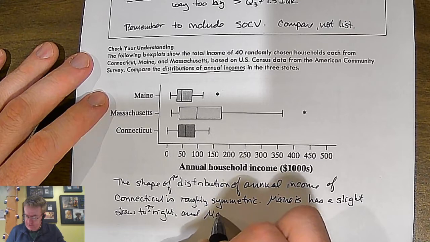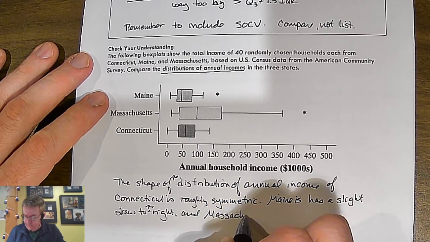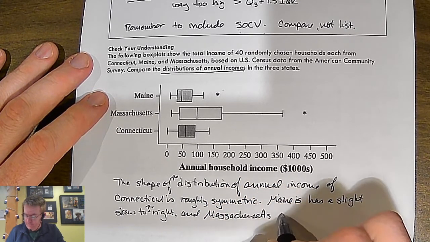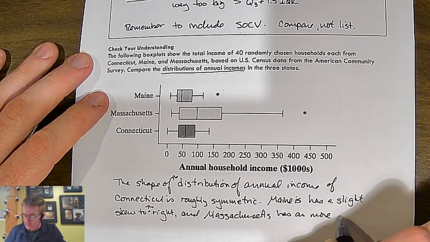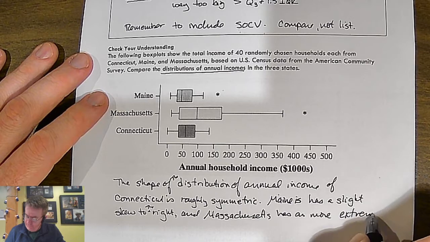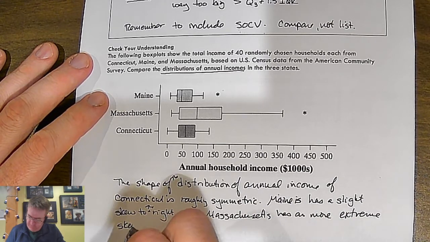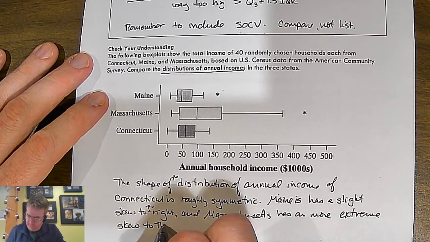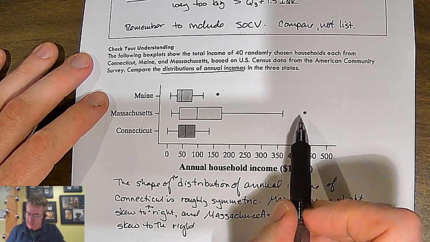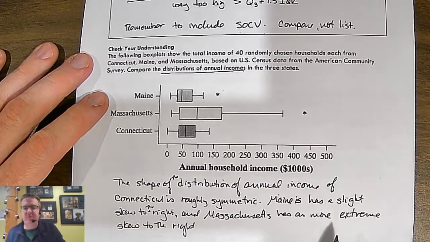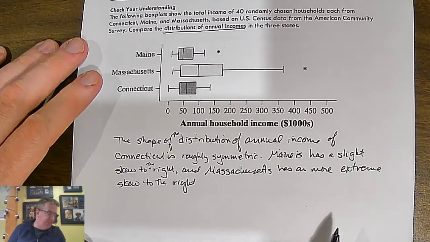Massachusetts has a more extreme skew to the right. And you can tell that. Even with this outlier, look how long that tail is. It's huge.